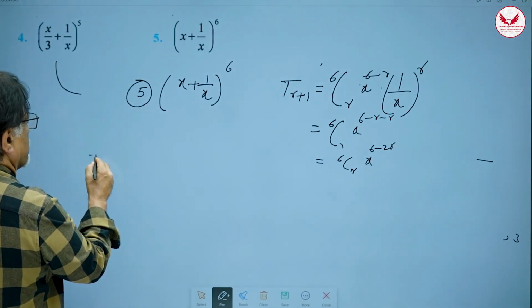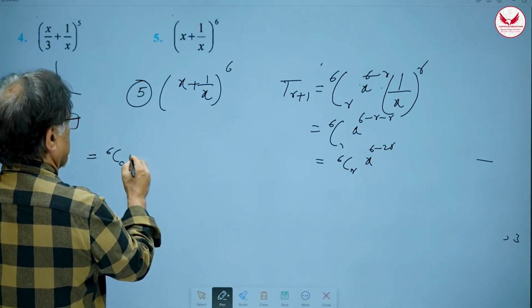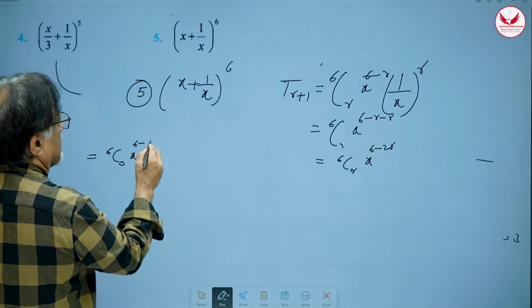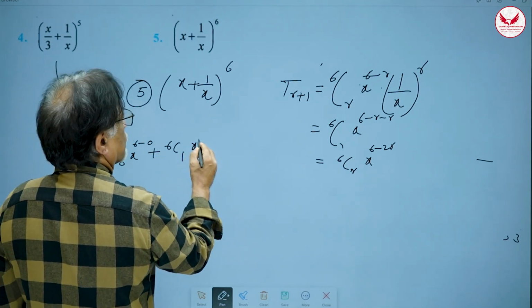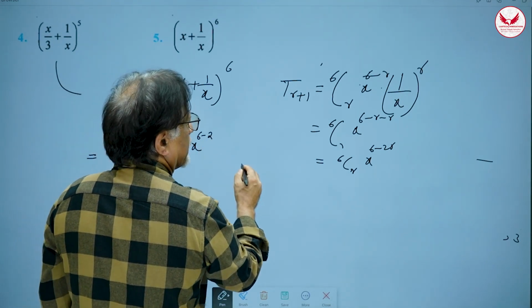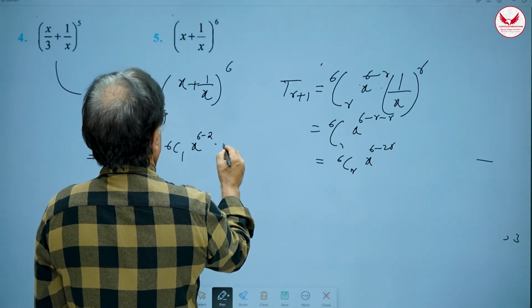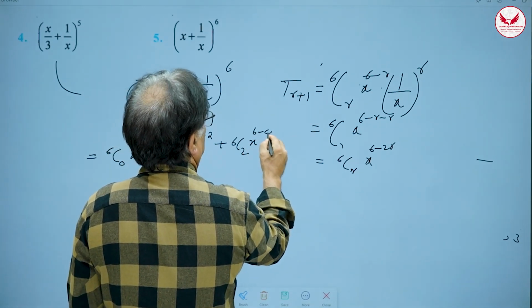So now, expansion: 6C0 x raised to 6 minus 0, plus 6C1 x raised to 6 minus 2, and next term is 6C2 x raised to 6 minus 4.